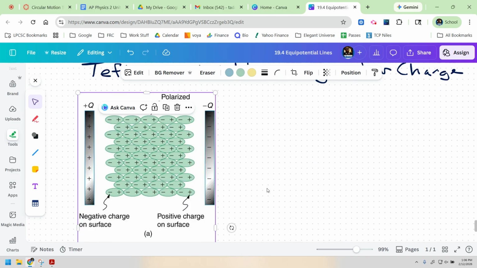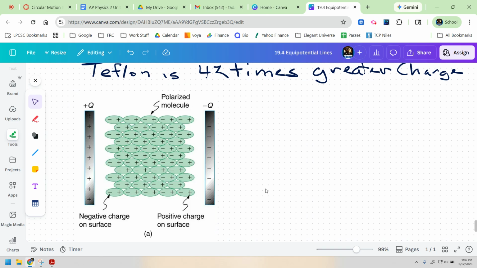So in image A, the first one here, the molecules of the insulating material between the plates of the capacitor are polarized by the charged plates. Essentially, you have a material, and the negative charges are going to be attracted to the positive plate, and the positive charges are going to be attracted to the negative plate.